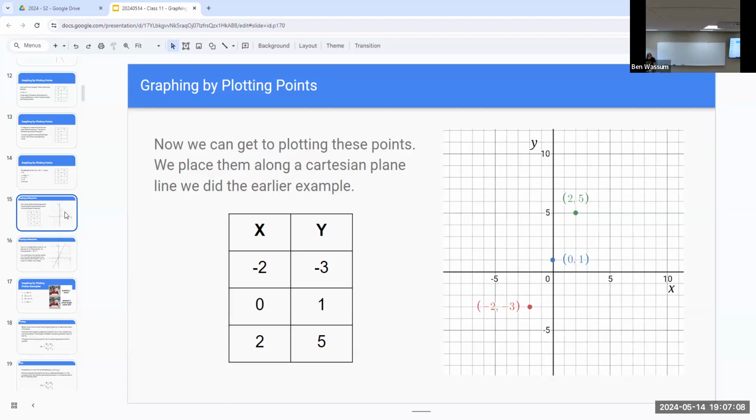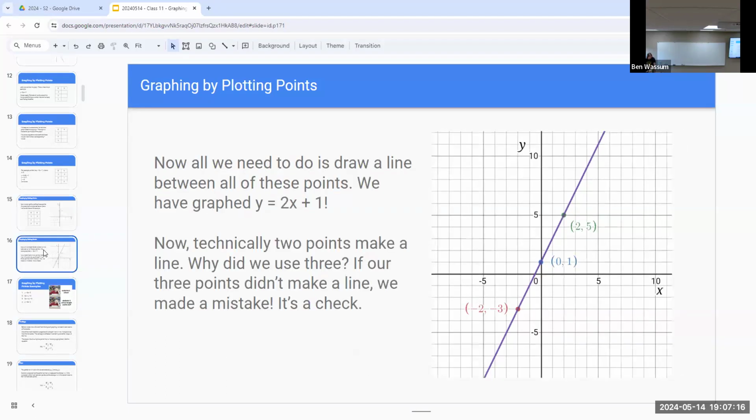Now, if you've done things correctly, your 3 points should be along a straight line. If that's the case, you just draw a line between them and you're good. We have our line, we're happy.